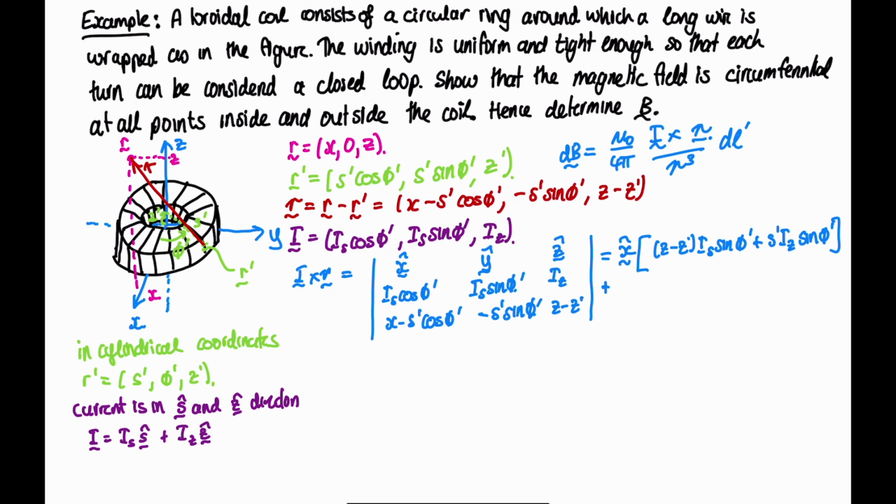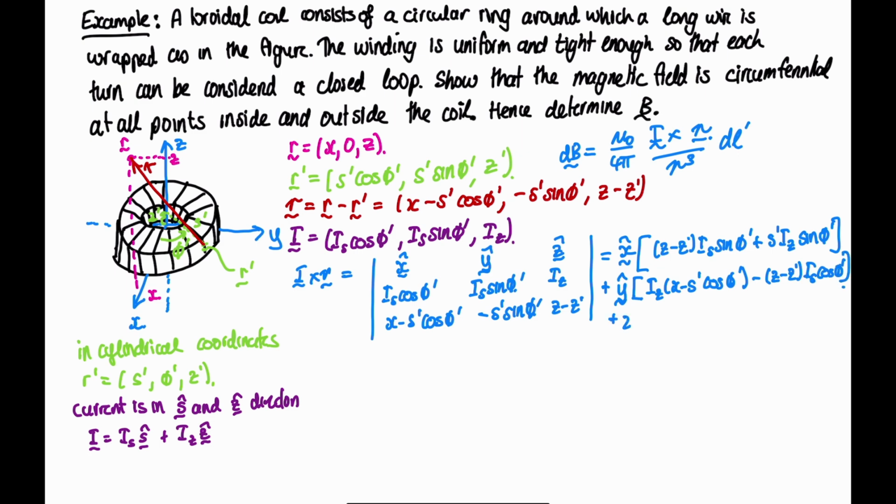In our y direction, we've got this times this minus this times this. So that is I_Z times x minus s prime cos phi prime, minus z minus z prime times I_S cos phi prime.